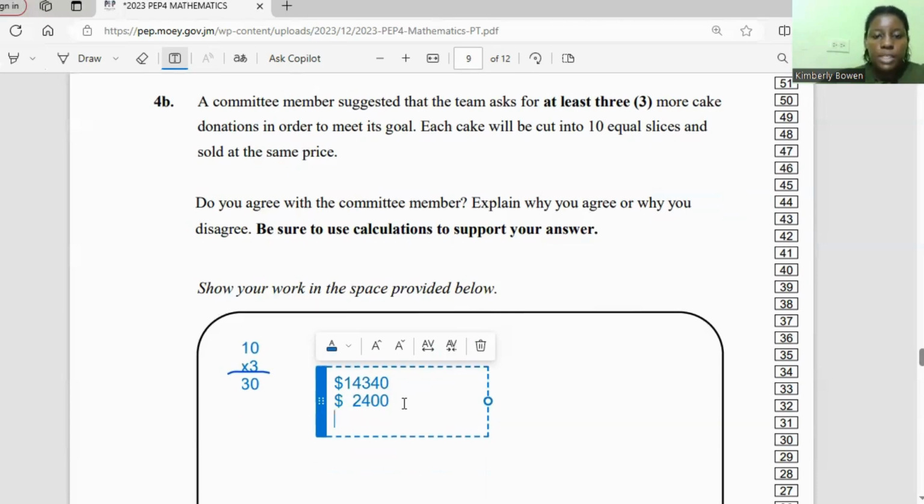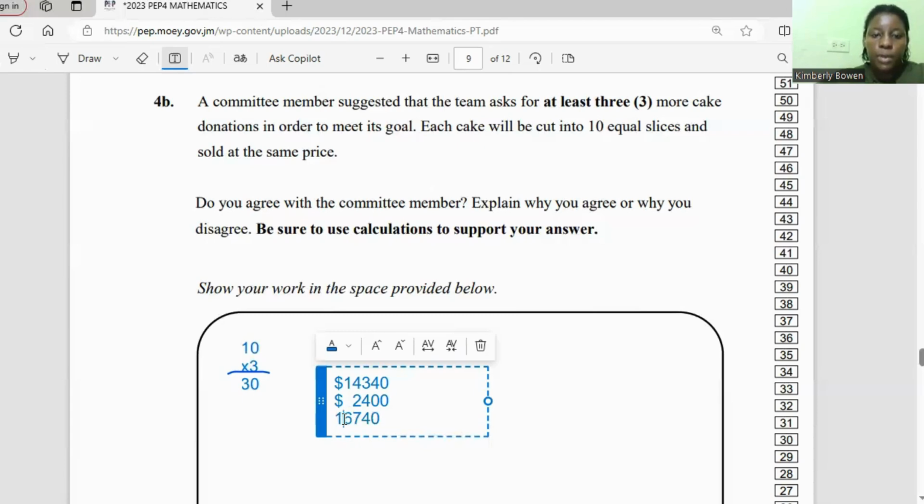And we want to see if this is greater than 16,000. Let's see. So for the first column, we have 0, and then we'll bring down the 4. 0 plus 4 is 4. 3 plus 4 is 7. And 4 plus 2, that's 6.